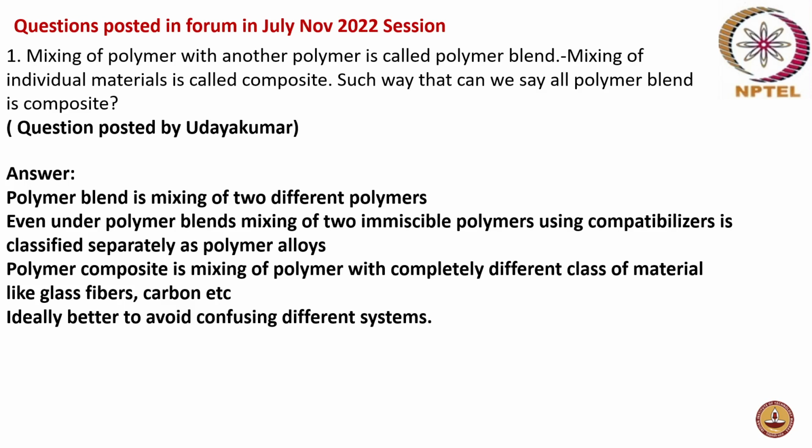Polymer blend is mixing of two different polymers, and even in that, if you have two immiscible polymers blended together using a compatibilizer, it is classified separately as polymer alloys. That is again a separate classification. Polymer composite is mixing a polymer with a different class of material like glass fibers, carbon fibers, carbon particles, carbon nanotubes, graphene nanoplatelets or graphene sheets.